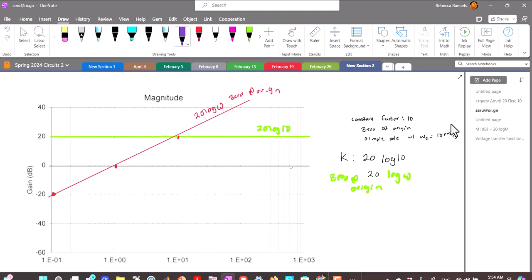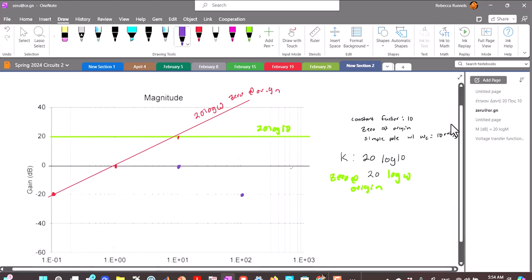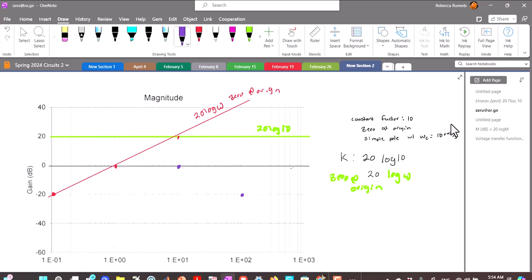So here's 10. And a slope of negative 20 decibels per decade. This semi-log paper is not exactly perfect.